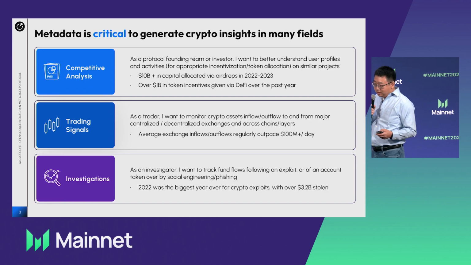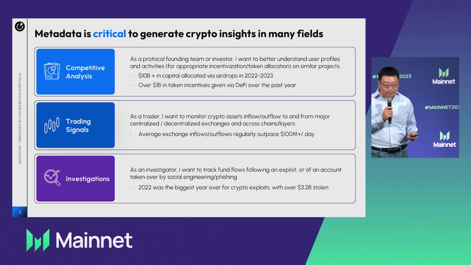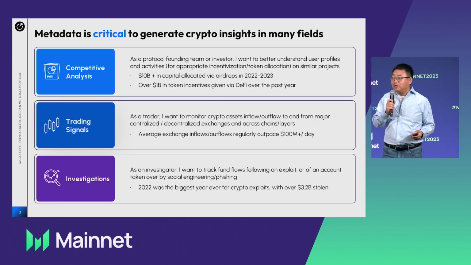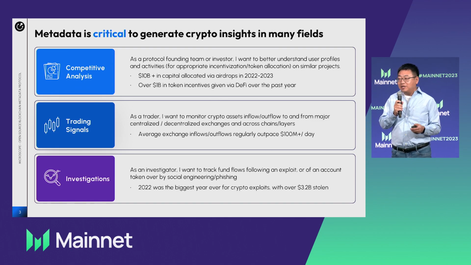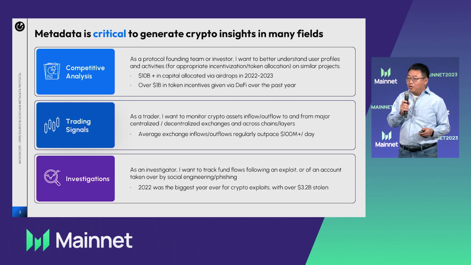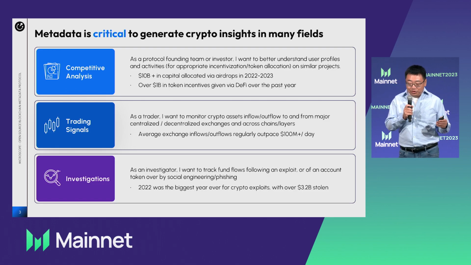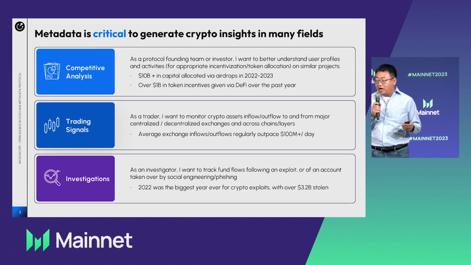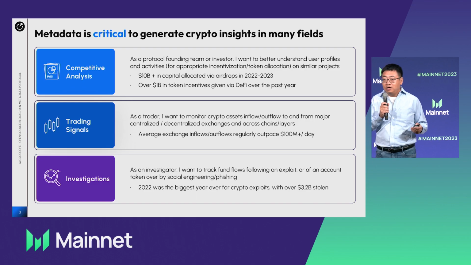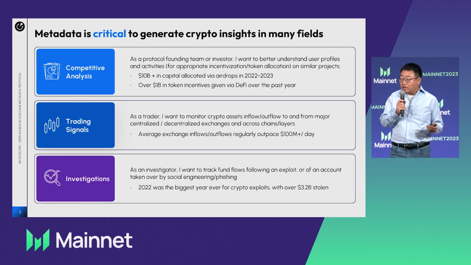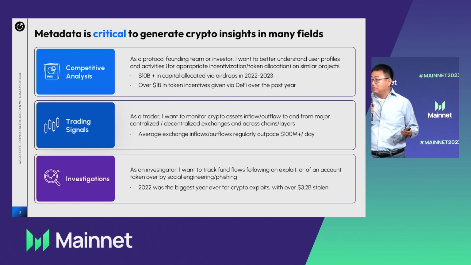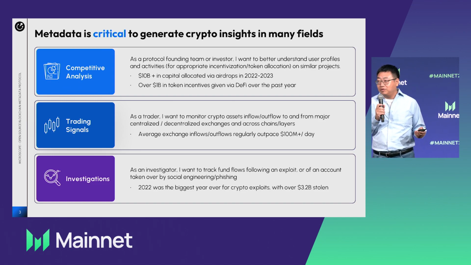The second scenario is a trading signal. Imagine you are a trader, right? You want to collect as many signals as possible from the market. One trend you might already observe is that the inflows and outflows for all the major exchanges are huge. On a daily basis, it regularly outpaces more than 100 million US dollars worth.